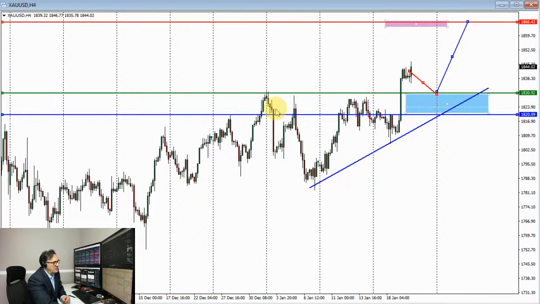If I do decide to get in at 1830, 1831, I would likely have my stop loss at 1820. So I would risk about $10 in price. So this $10 in price could be 10 points, or it could be 100 points, depending on who your broker is, how much leverage you take, what type of contract you trade, what type of a product you trade.